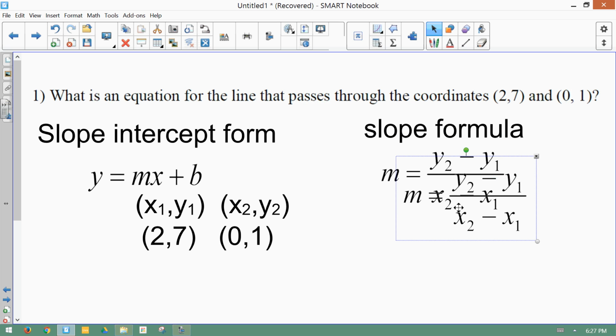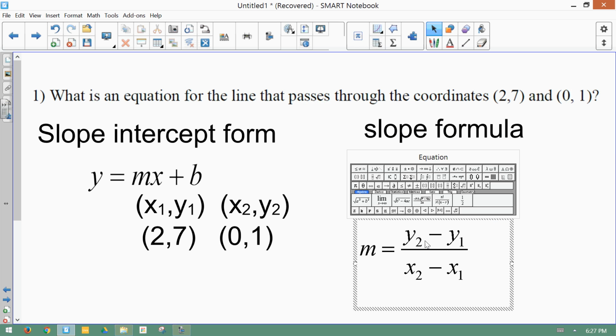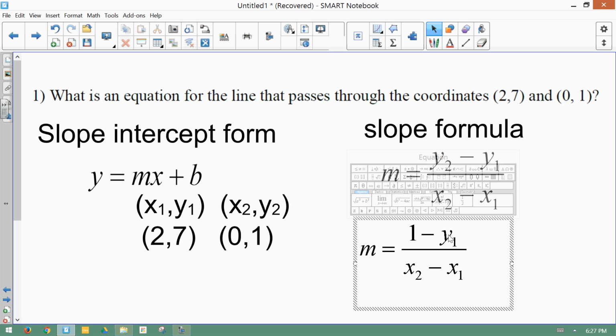Our problem looks like this. y2 is 1, y1 is 7, actually. y2 is 1, y1 is 7, then x2 is 0, and x1 is 2. I believe I got it right this time.